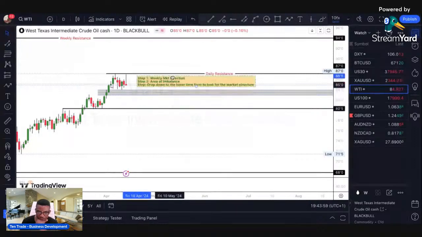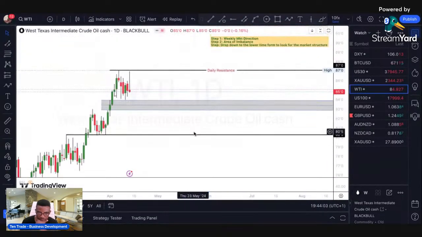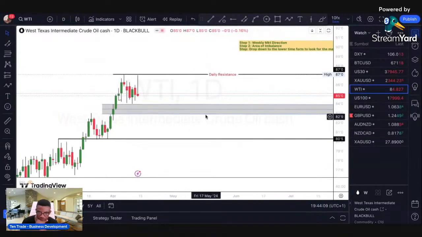That area has to be filled. Structure was broken here. Price moved up nicely. It has to come back and fill this area of imbalance. So upon filling this area of imbalance, we look for our buy to the upside.